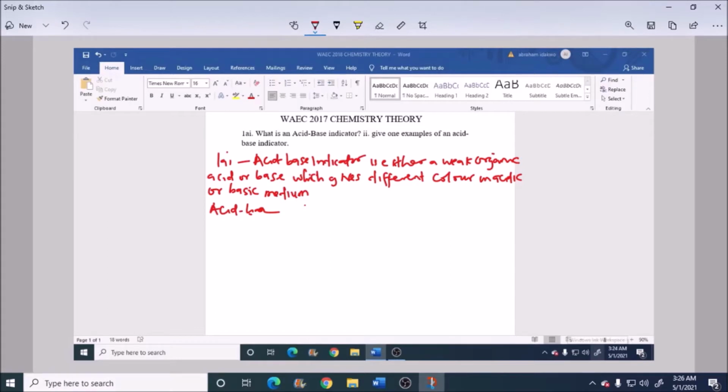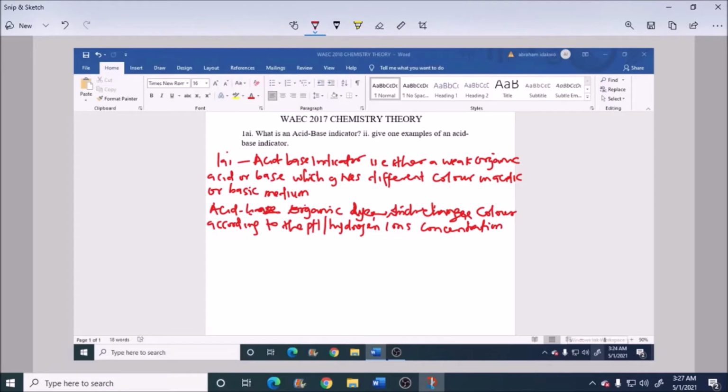So we can refer to it as organic dyes which change colors according to the pH or hydrogen ion concentration of the solution.